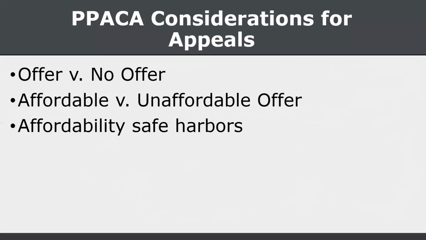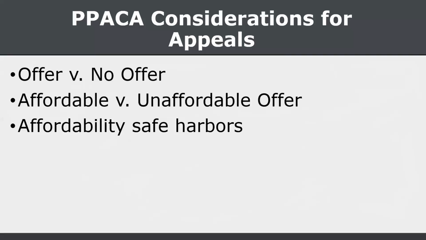And then the final thing is the affordability safe harbors. We kind of stopped talking about these as much because I hate those safe harbors. Either you have wrestled with the safe harbor options that you might have, or you haven't. But in either case, if you're not familiar with the different types of affordability safe harbors, you should get yourself to that point if you're the one responsible for filling out this form.